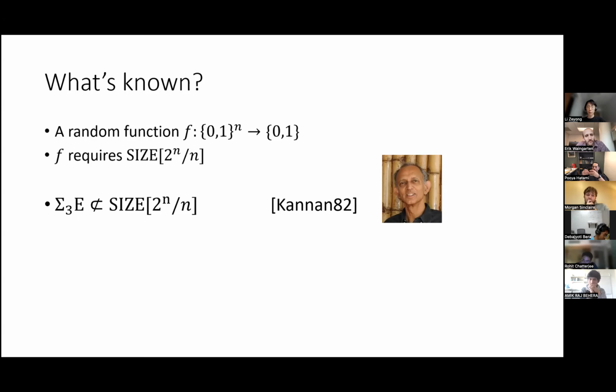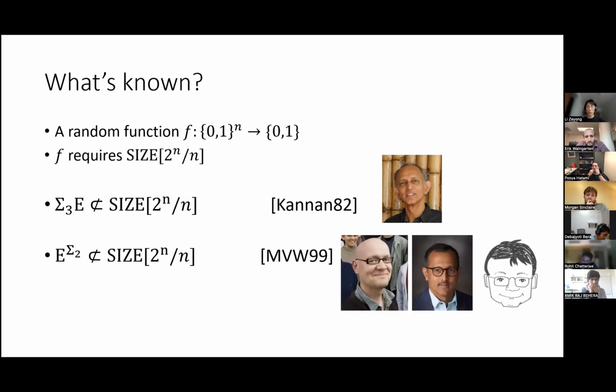And after about 20 years, Miltersen, Vinodchandran, and Watanabe improved the result by showing that E to the Sigma_2 cannot be computed by circuit families of size 2 to the n over n. You can think of it as half a step on the exponential hierarchy. And that's basically it for what we know about circuit lower bounds of exponential size.